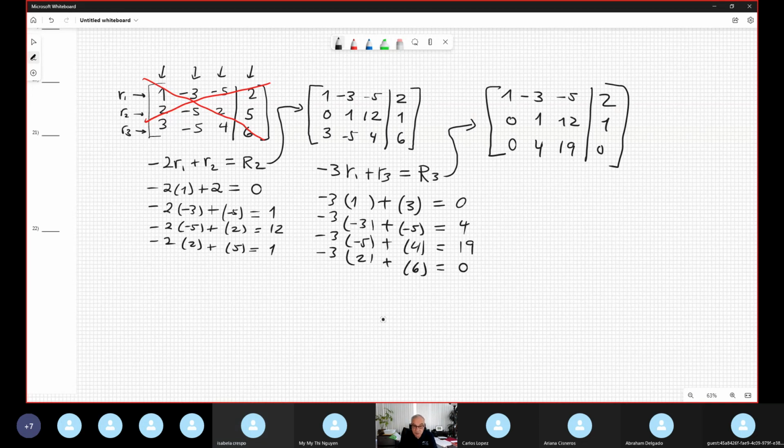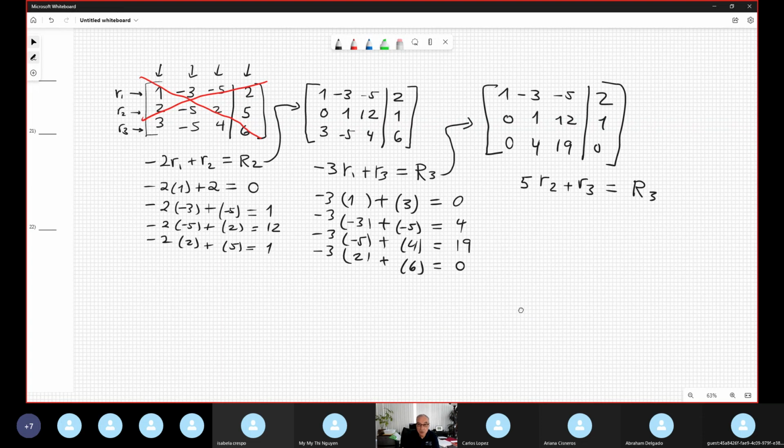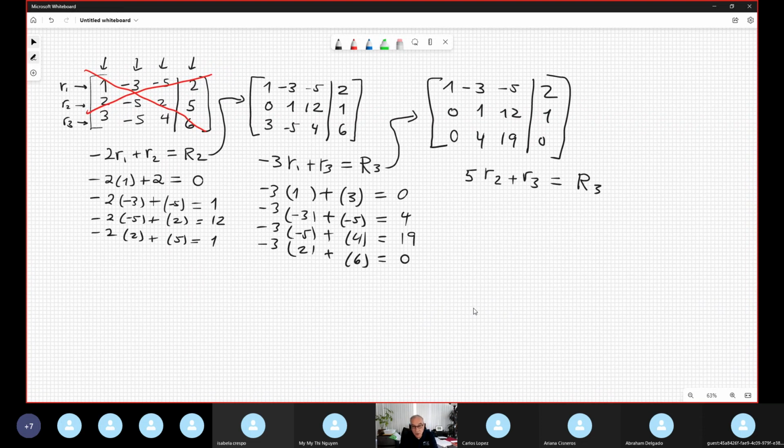The last one is 5 times row 2 plus row 3 equals row 3. So in this case, the factor involved in this operation is 5.